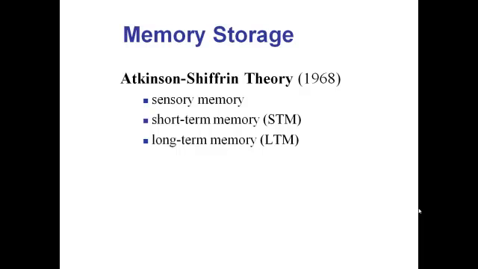Information that ends up stored in your long-term memory has to first go through your sensory memory and then be stored in your short-term memory before it can finally get to your long-term memory. So it's kind of like a three-step process too, but they're kind of like three storage spaces if you want to look at it that way.